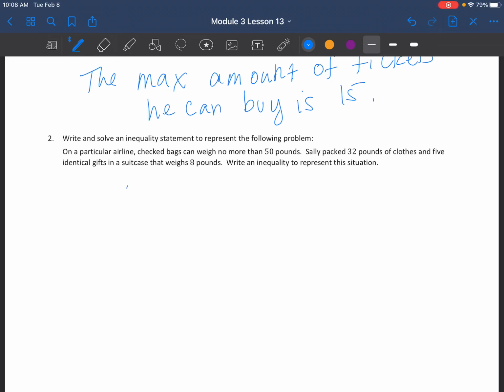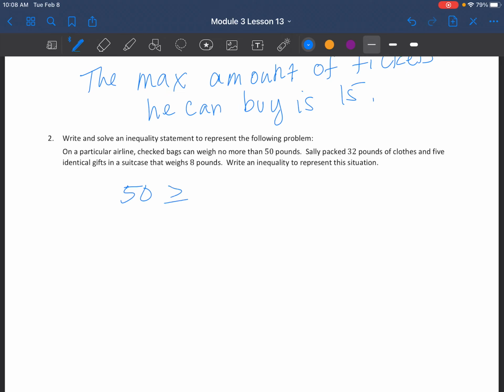Write and solve an inequality statement to represent the following problem. On a particular airline, checked bags can weigh no more than 50 pounds. Sally packed 32 pounds of clothes and 5 identical gifts in a suitcase that weighs 8 pounds. And we're going to write an inequality to represent this situation. So here we go.